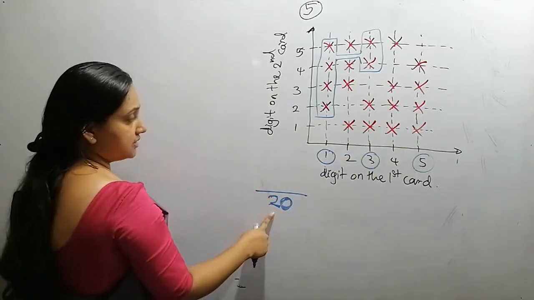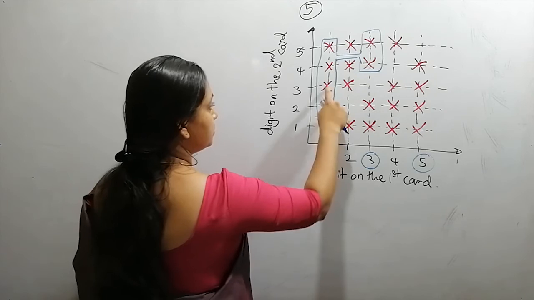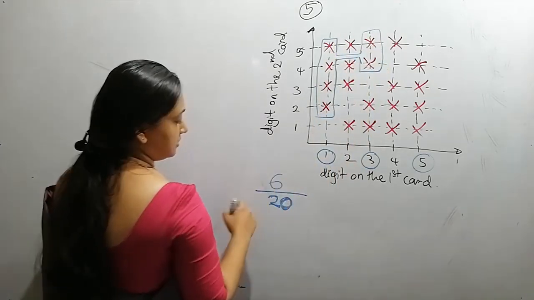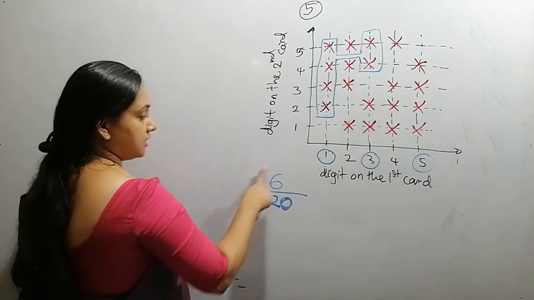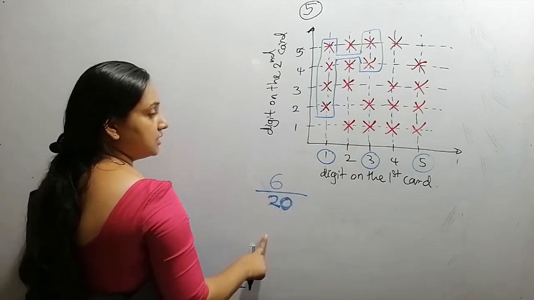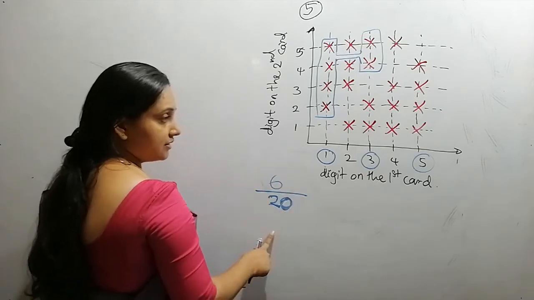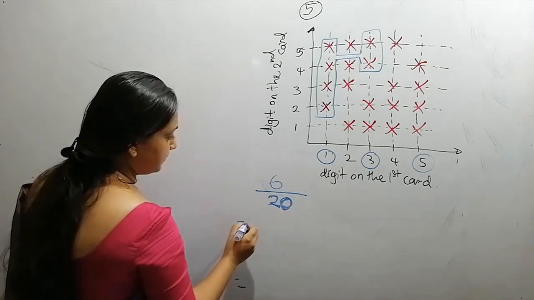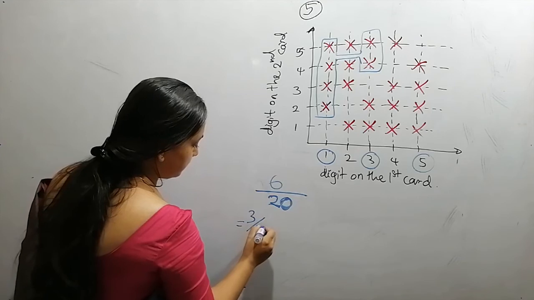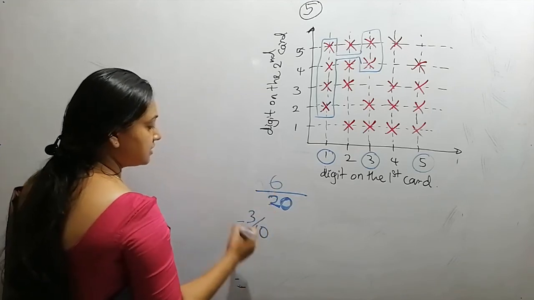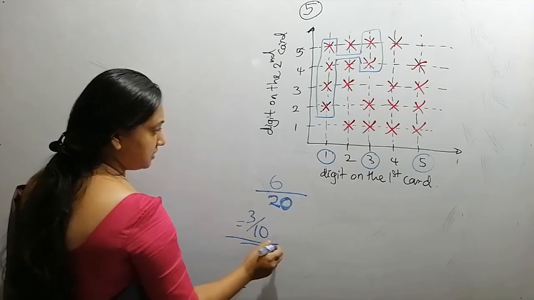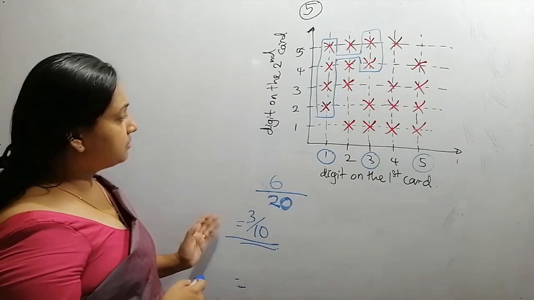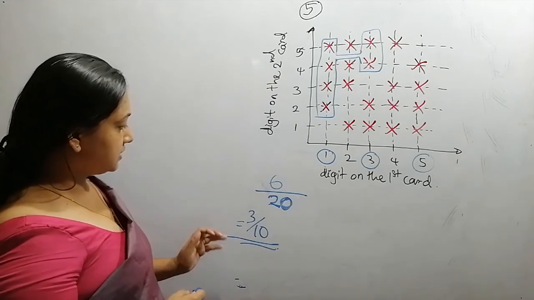Out of 20, the second number could be only 1, 2, 3, 4, 5 and 6. So 6 is the probability of getting a second number if the two numbers fulfill the given requirement. Then it is 6 over 20, we can simplify this one, it is 3 over 10. This is the probability of the given event.